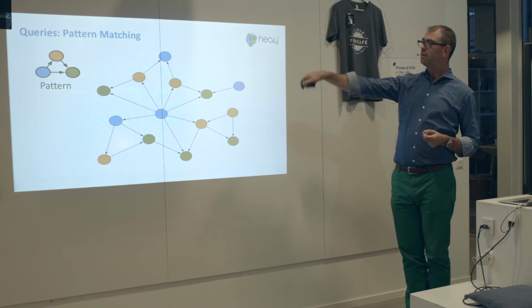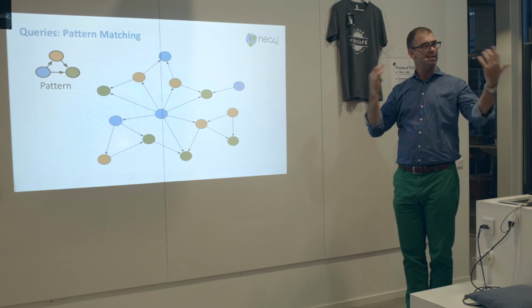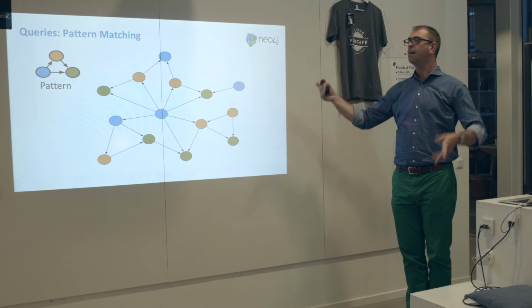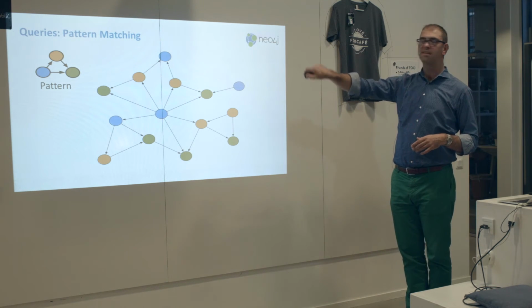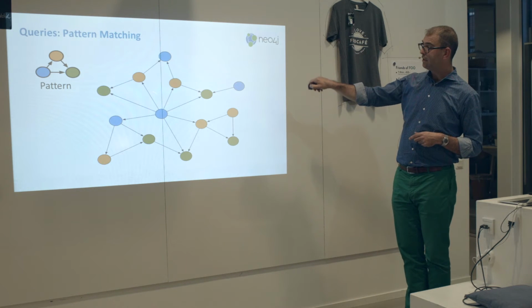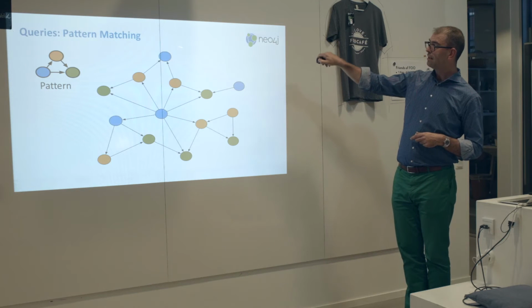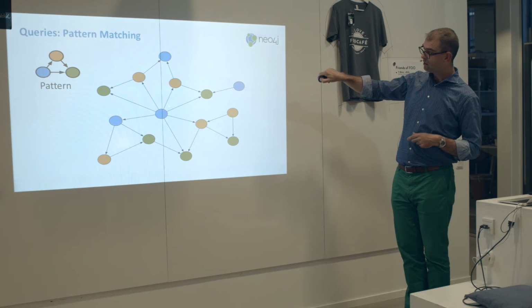Next, it's going to start spinning around with all the information that it's got from its indexing, trying to find if there's a matching pattern connected to this starting point. And it's going to say, yep, that's one. That's clearly not a match. That's another match. That's another match. This is clearly not a match.